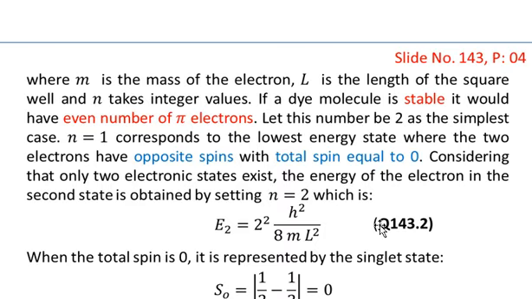So this, equation number 2, will give you the energy of the electron when the electron is in the second state. So in the first state n should be equal to 1. For the second state, n is equal to 2. And you see that here we are only discussing two states of the electrons, because these two states are enough to explain our dye laser system.